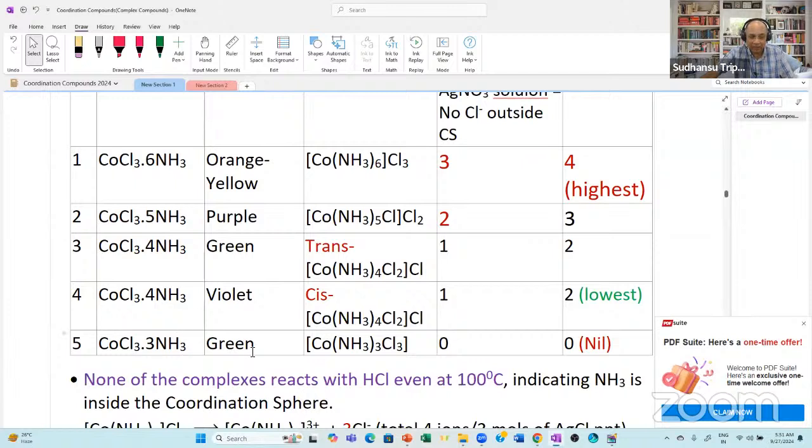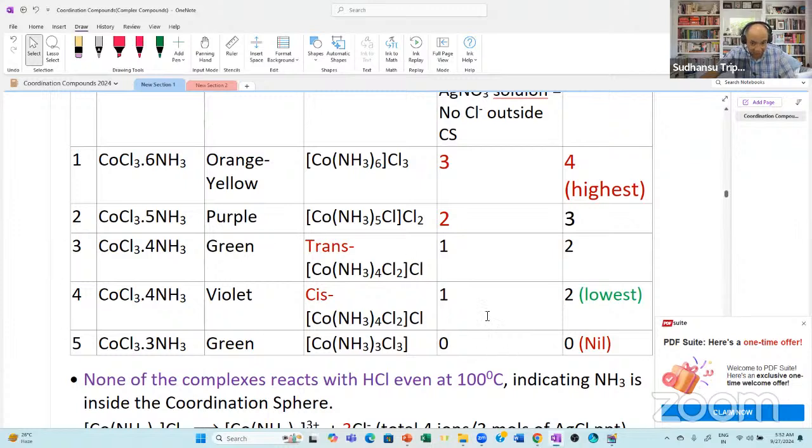And the fifth one, we made it 3A and 3B, 4. Here in the table, I have made 3, 4, 5. In fact, they are different compounds, maybe geometrical isomers, but still their colors are different. This is green, this is also green. But see, the fifth category, the non-ionic category, has the same color as the ionic category having one chloride ion outside.